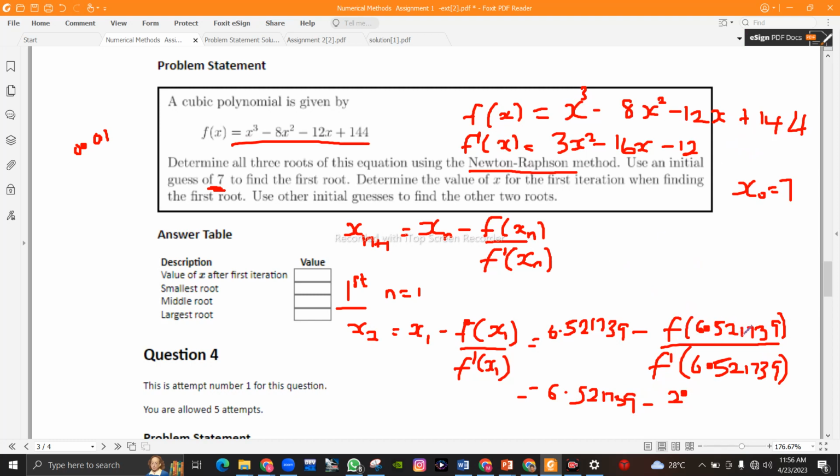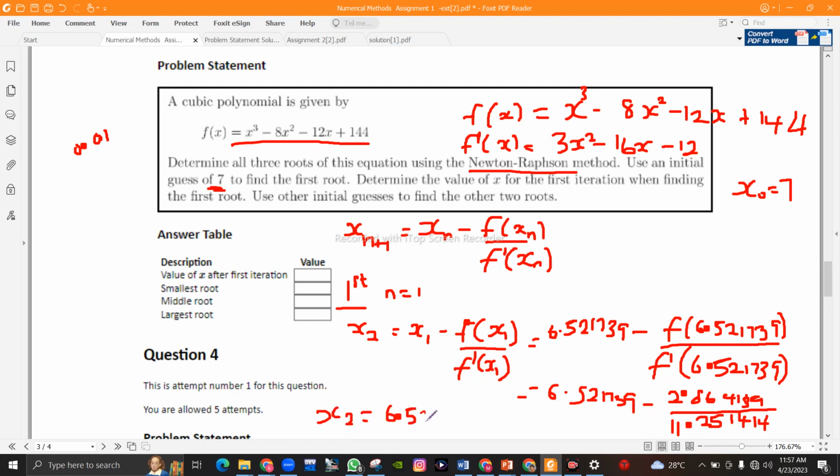X is now 6.521739, so that will be 6.521739 raised to power 3 minus 8 times 6.521739 raised to power 2 minus 12 times 6.521739 plus 144, you get 2.864139, divided by, you do the same thing for the derivative, if you put this 6.521739 into this equation, you're going to get 11.251414.